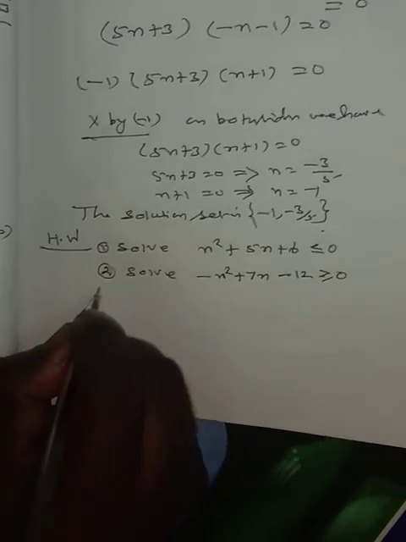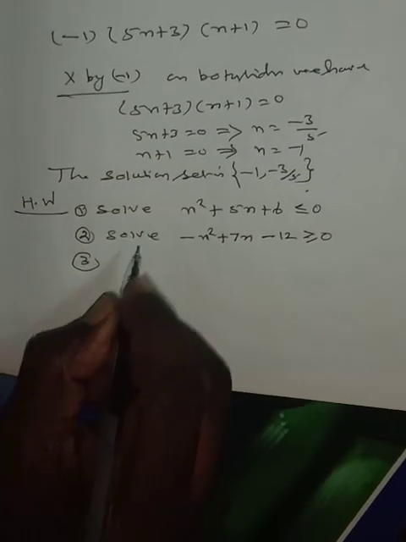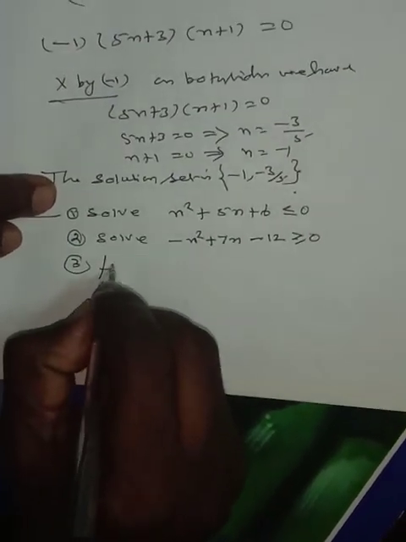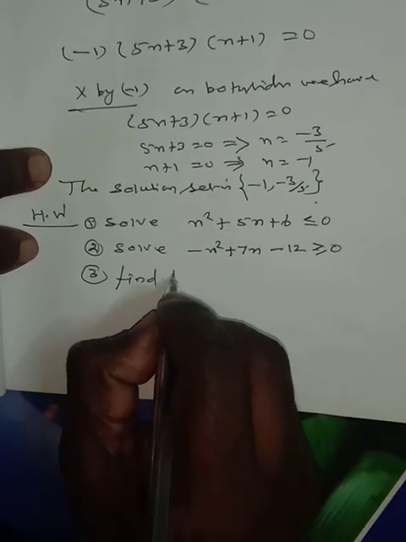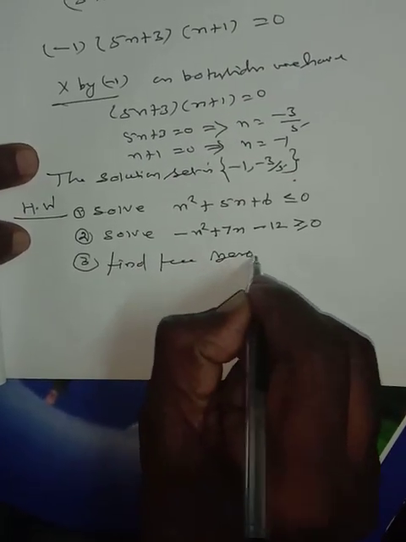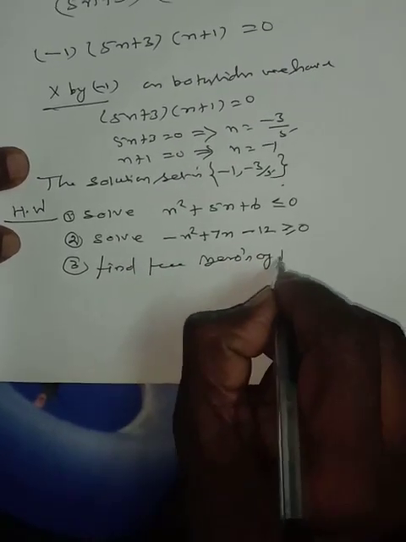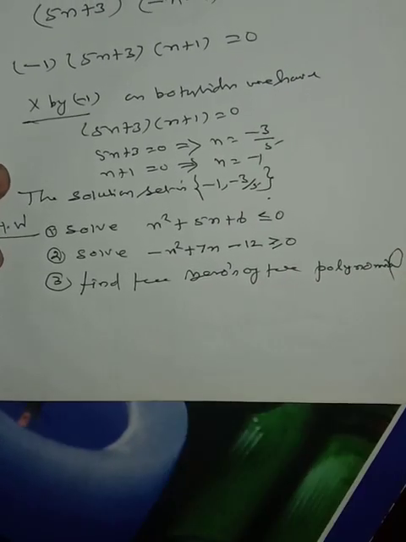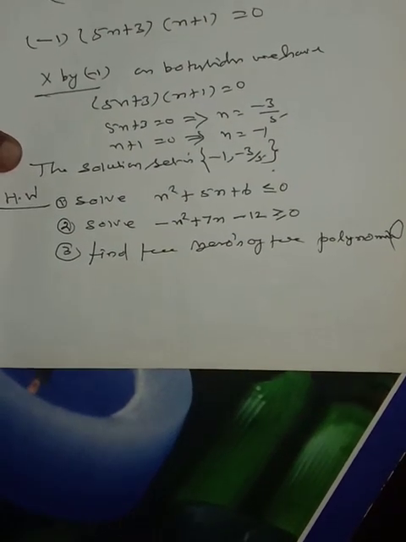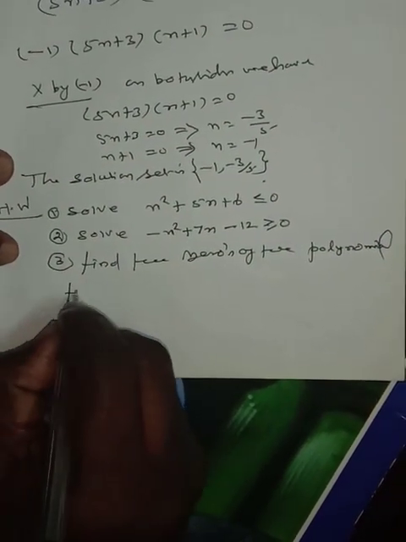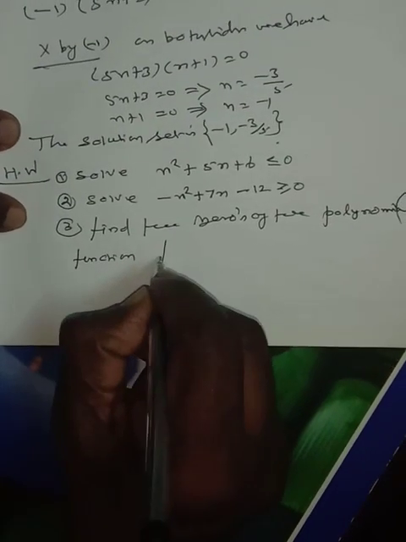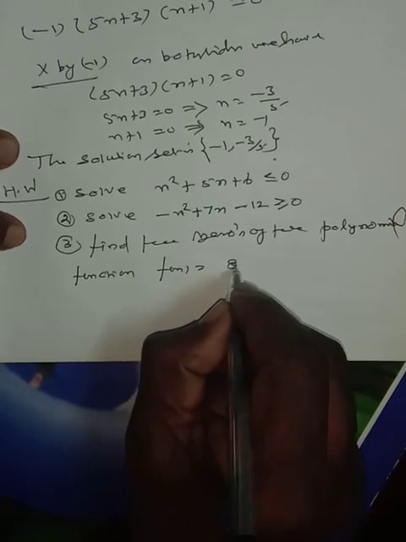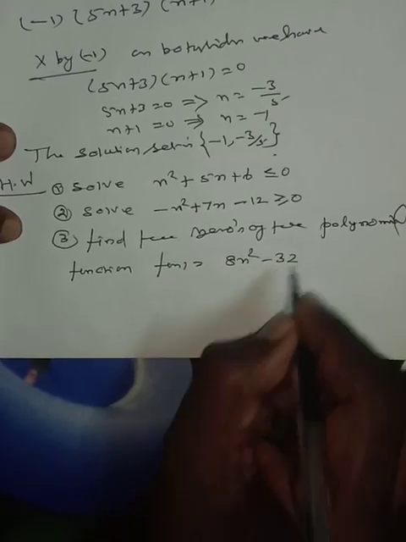Question number 3, find the zeros of the polynomial function f of x equal to x square minus 32.